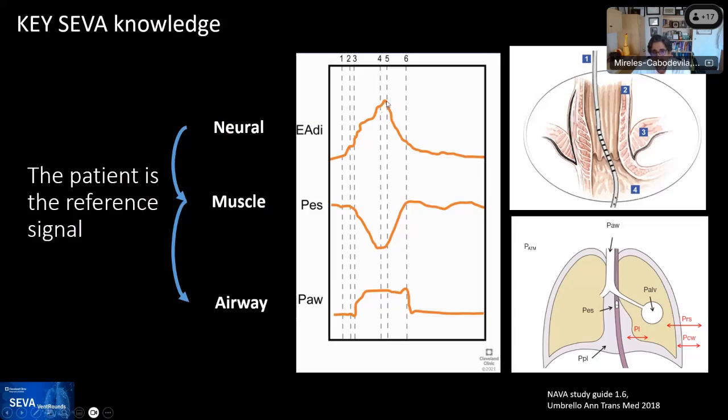Now, if you're using the electrical activity of the diaphragm to calculate the trigger, there's some thresholds that you can set up for the trigger for the start of the breath.